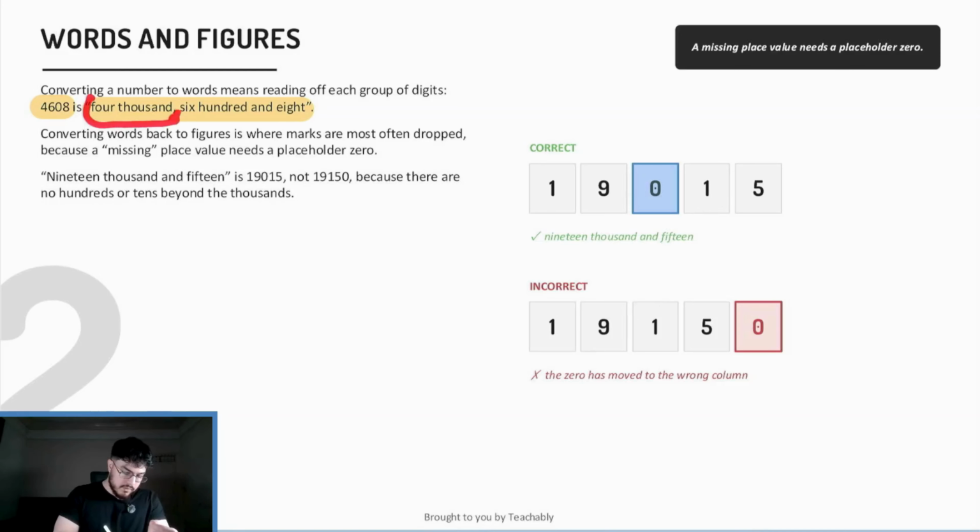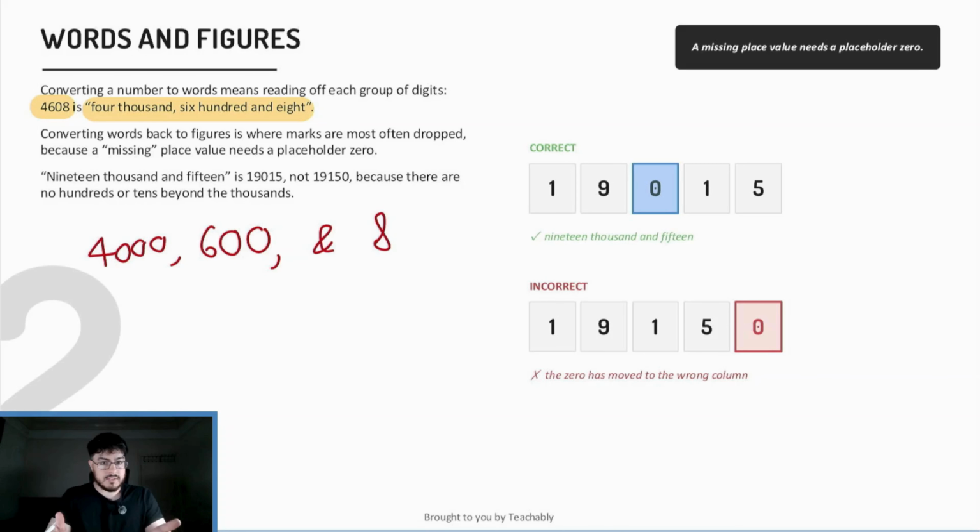It says 4,000, so I'm going to put 4,000 down. Then there's a comma, then it says 600. Then it says and 8. So it says and 8. And 8 is just that.